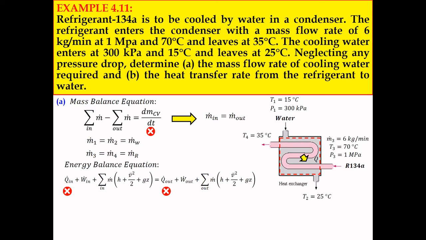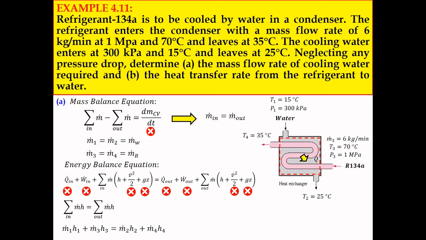For this case, we select the whole system based on the inner surface of the main body of the heat exchanger. So no Q in, no Q out dot, no W in, no W out dot. We can neglect the kinetic energy terms and also the potential energy terms. So the remaining terms are only the energy with mass, which involves enthalpy. So total in, m dot h, equals total out, m dot h.